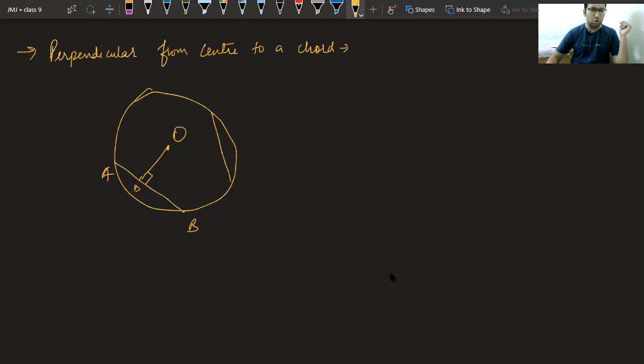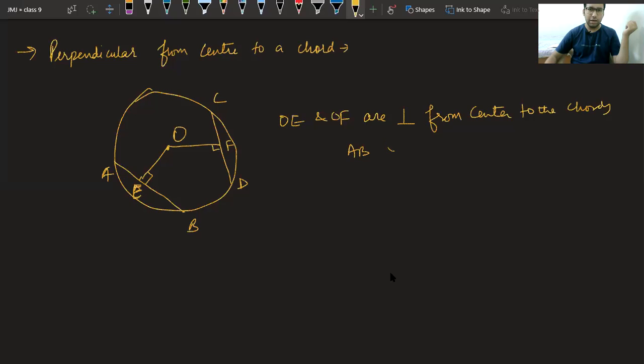Similarly, if this is a chord, suppose you can say CD, then this is E and this is F. So we can say OE and OF are perpendicular from center to the chords AB and CD respectively.